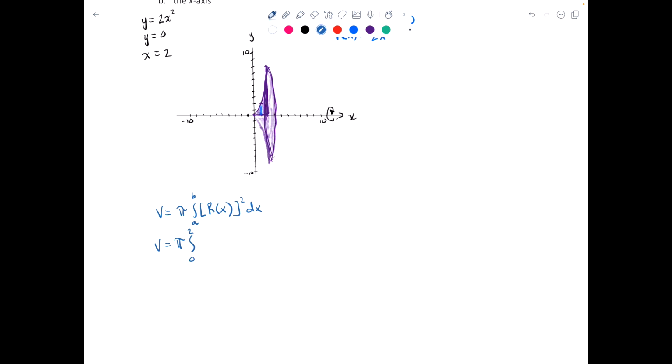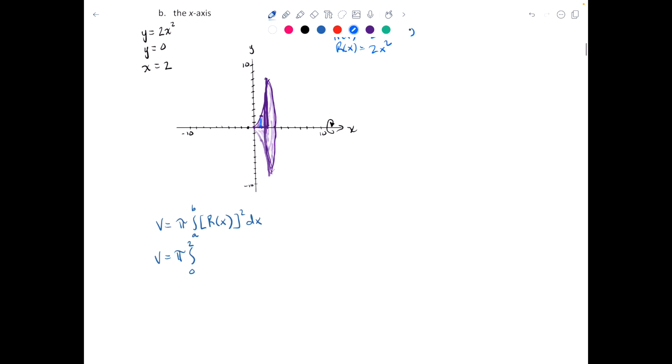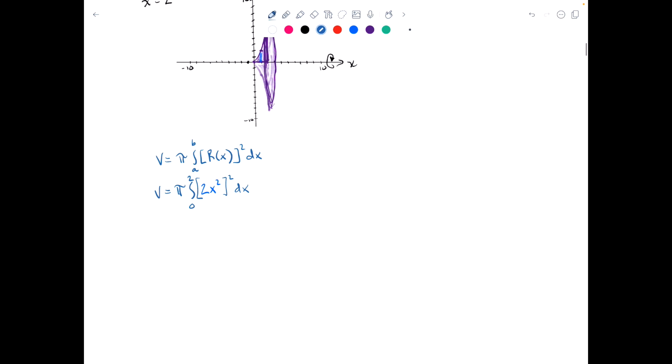And then our capital R at x, remember, was 2x squared. And that has to be squared from our formula. And then we're integrating with respect to x. So the volume will be pi integral 0 to 2 of 4x to the 4th dx.